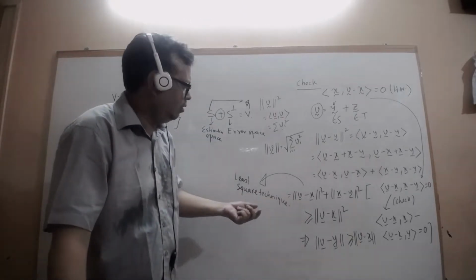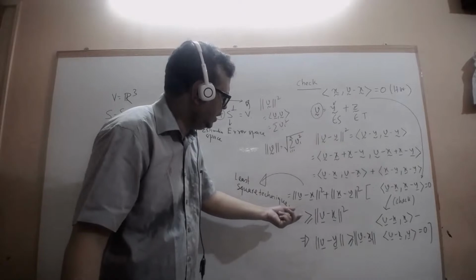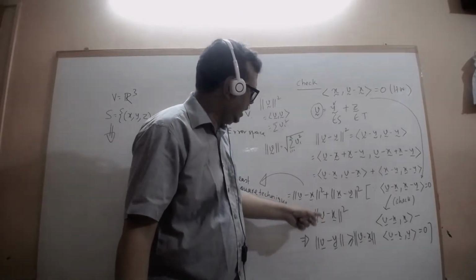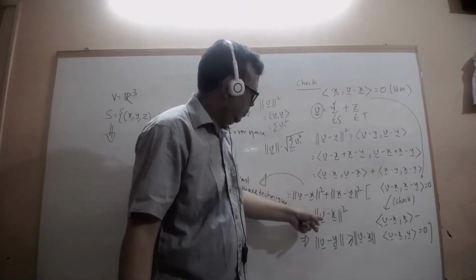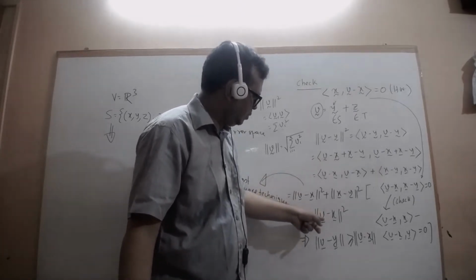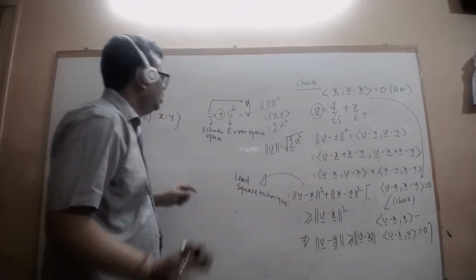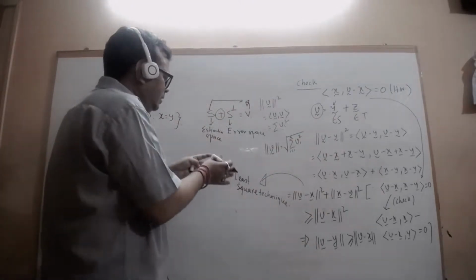So if the distance is minimum, your realization is better than with any other projection, because it is closer to V. So this is the principle.